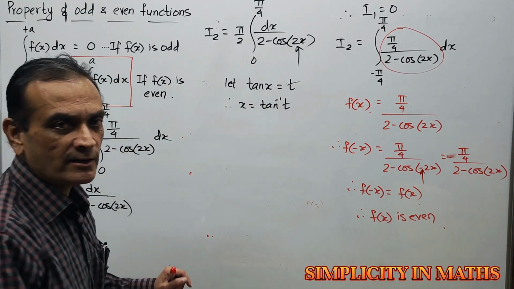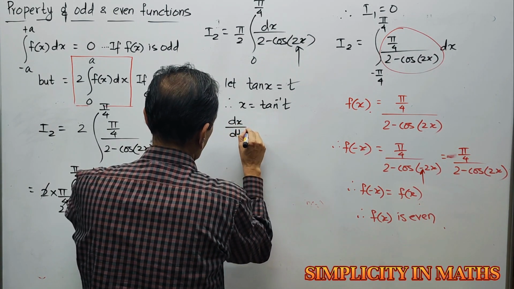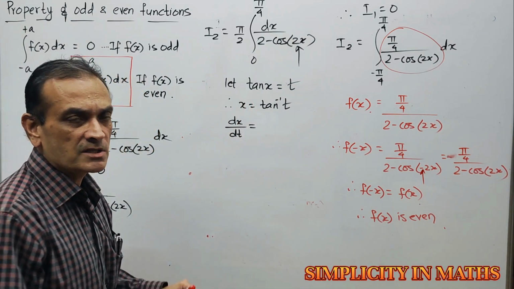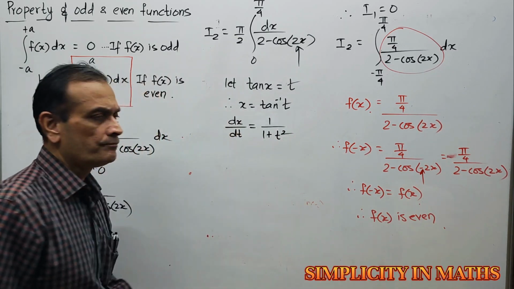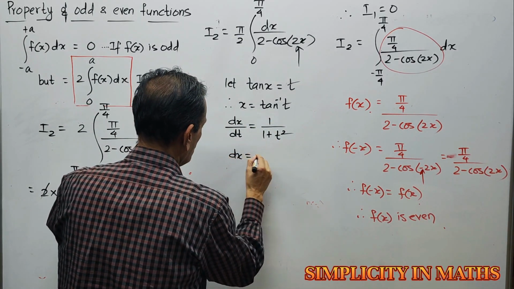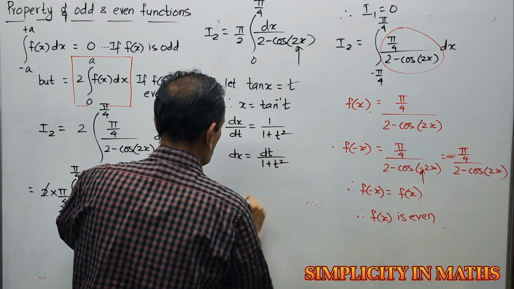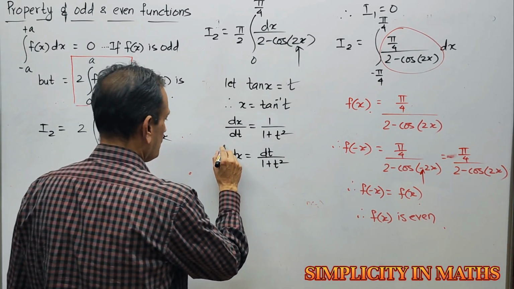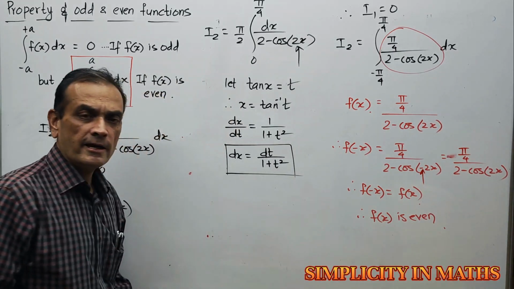So differentiate with respect to t. Derivative of x with respect to t is dx by dt. Tan inverse t derivative 1 upon 1 plus t squared. ऊपर ले लो. Okay, dx equal to dt upon 1 plus t squared. Clear?